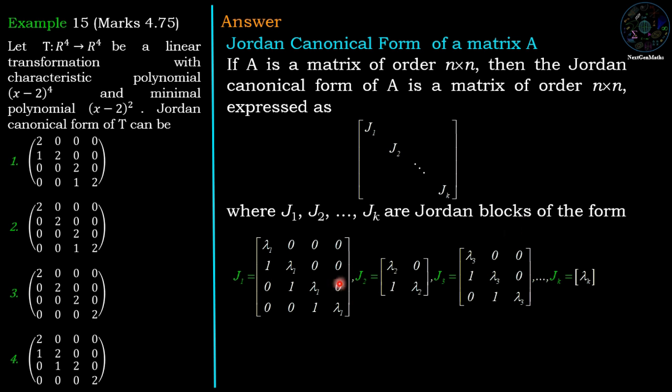They are square matrices with the diagonal values the same, λ1, λ1, λ1, and the values below the diagonal are 1, 1, 1. Similarly J2 is of order 2 × 2 with λ2, λ2, 1, and similarly for the other values of λ, where λ1, λ2, ..., λk are the eigenvalues of A.